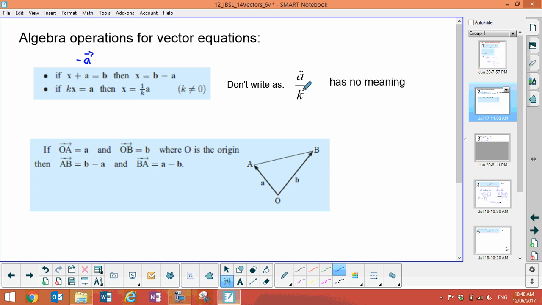Also, just notation, we don't write a division like this. We always write it as 1 over k, so our scalar is 1 on k multiplied, so we don't write a division that way.